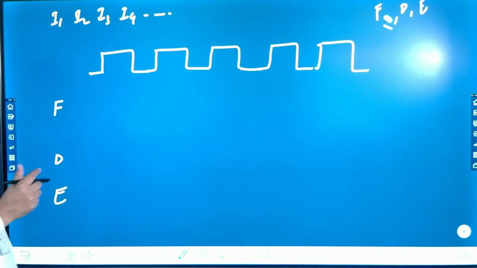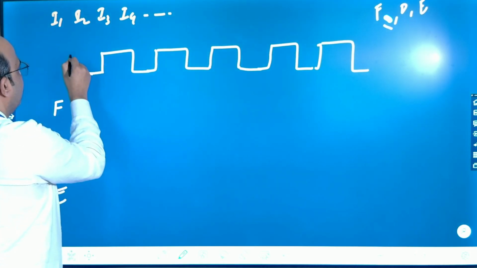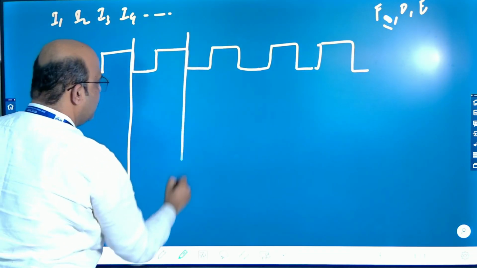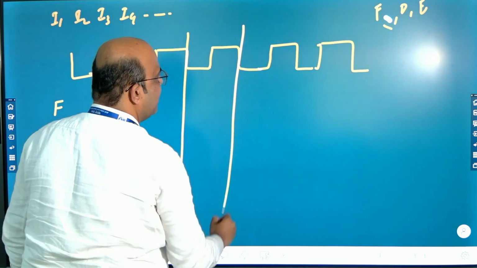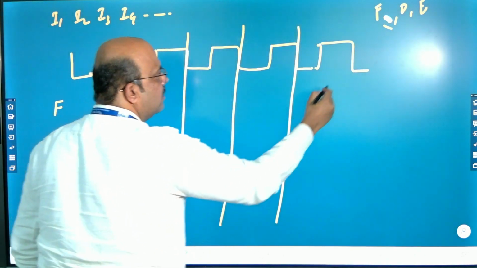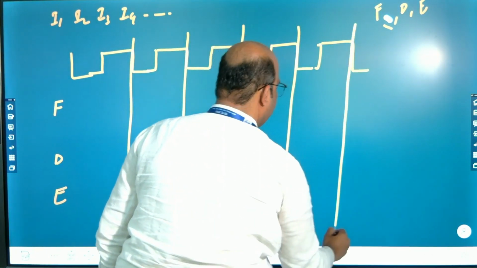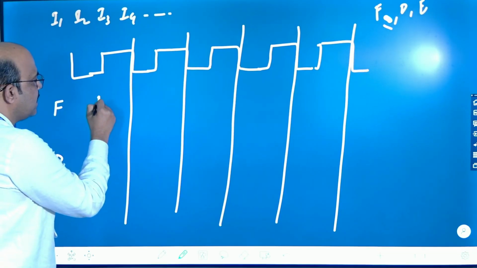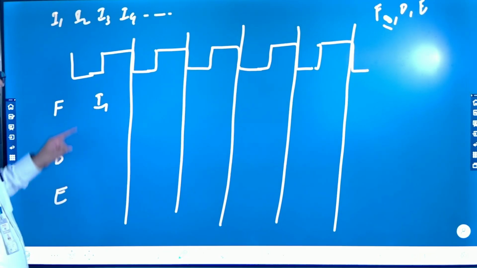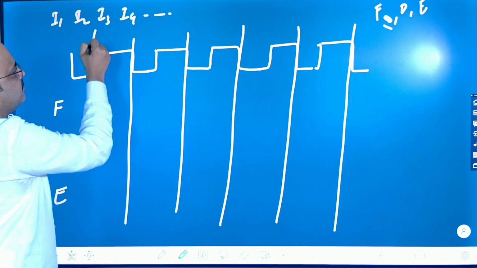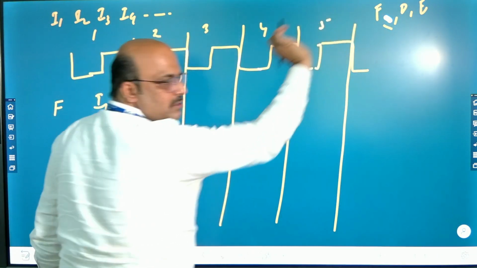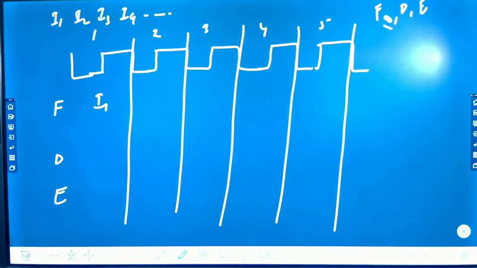Now here, if I compare, this is the first part, then this is the second one. These are actually the machine cycles, but for the sake of convenience, I take one cycle as fetching, decode and execution. How will it happen? So I can write here, this is I1, and this is the first machine cycle, this is second, this is third, this is fourth, fifth and so on, right?